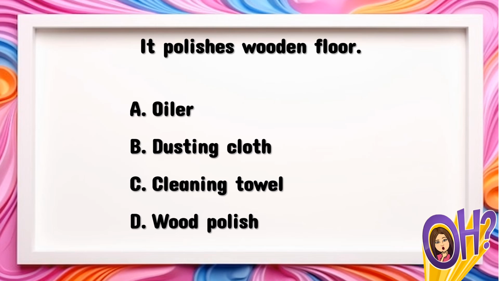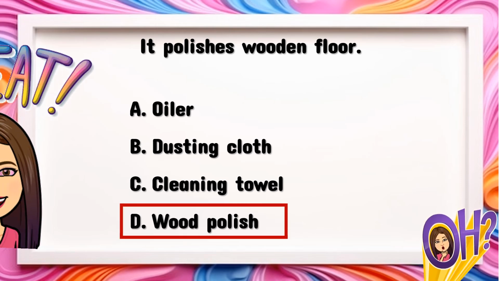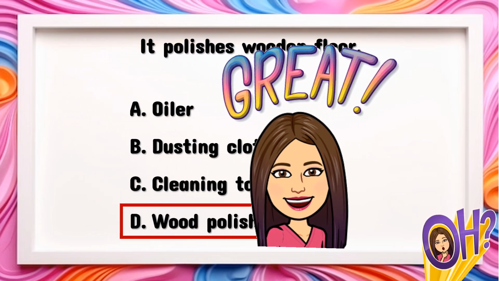It polishes wooden floor. A. Oiler. B. Dusting cloth. C. Cleaning towel. D. Wood polish. The answer is letter D. Wood polish.